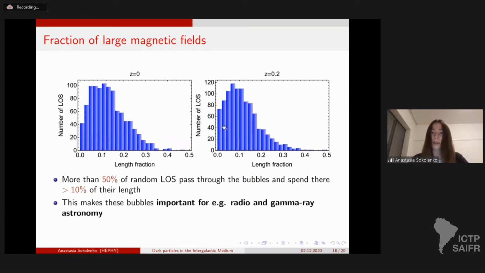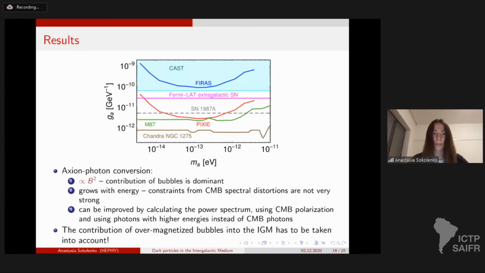For gamma ray astronomy, though, it's quite important, because when photons propagate, here we checked that they pass through relatively large magnetic fields for quite a long part of the line of sight. For example, more than 50 random lines of sight pass through strong magnetic fields for more than 10% of their length. So it's important to take this into account for gamma ray astronomy, for example, and radio astronomy.